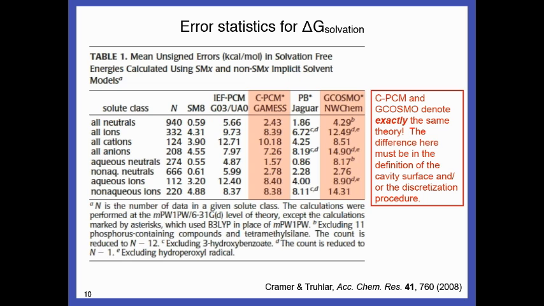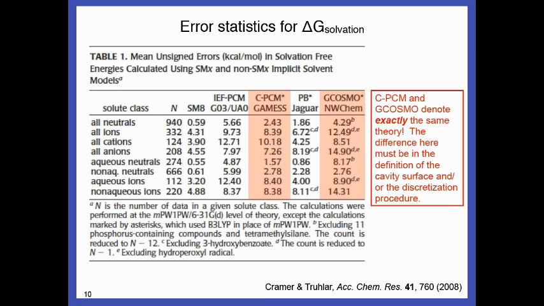They've also looked at CPCM as implemented in GAMESS, and G-COSMO as implemented in NWChem. And the take-home message from all of these data is that the error statistics really are simply a lot larger in these other models than they are with SM8.